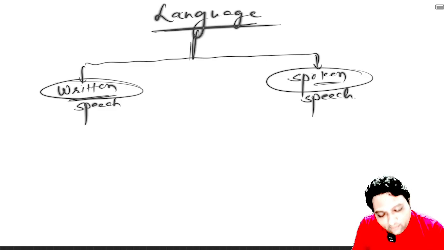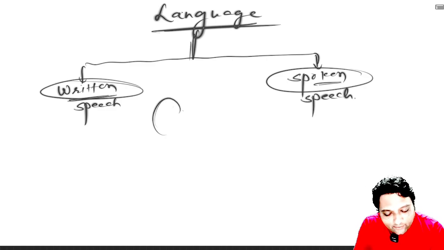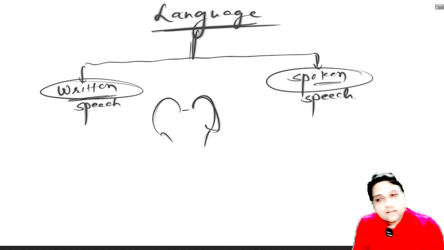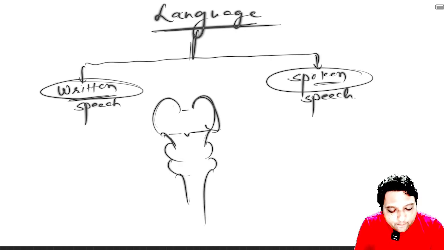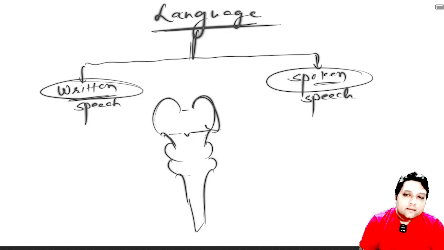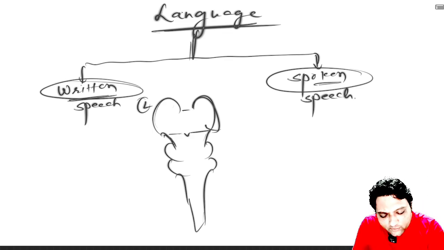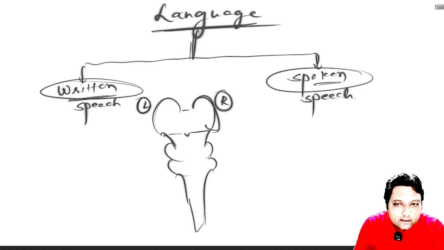Now we have two hemispheres, left hemisphere and right hemisphere. Our left hemisphere is the dominant hemisphere, whereas the right hemisphere is the non-dominant hemisphere. For a right-handed person, the left hemisphere is dominant and the right hemisphere is non-dominant.